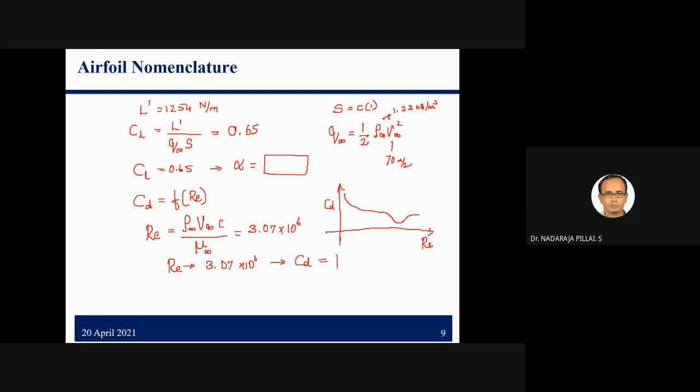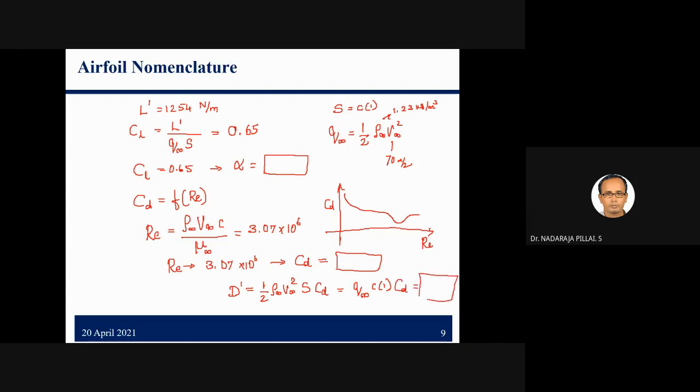By getting the CD value, one can calculate the drag per unit span. What is the formula for drag per unit span? Half rho infinity V infinity square S into CD, where half rho infinity V infinity square is Q infinity, and S is C into 1, and you know the CD value.